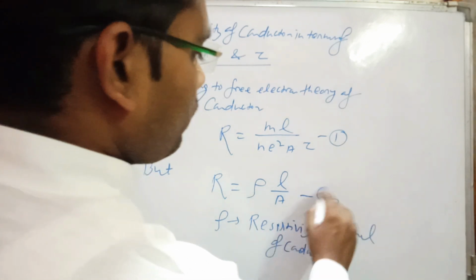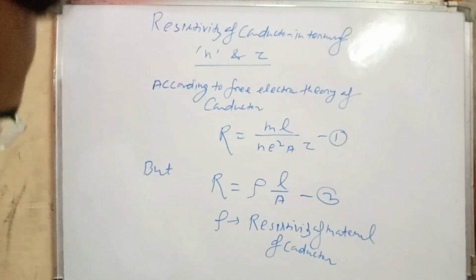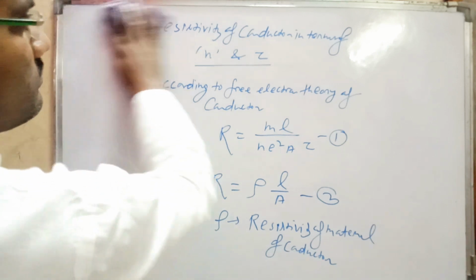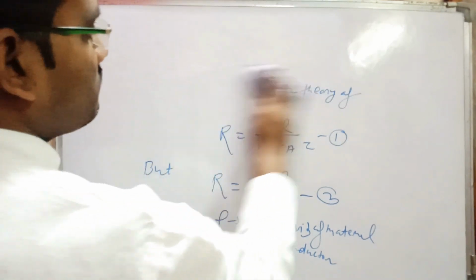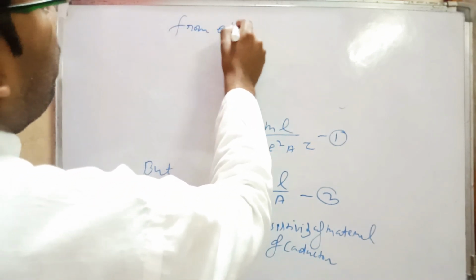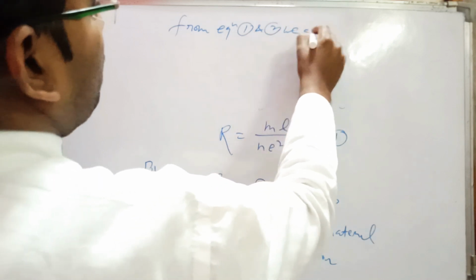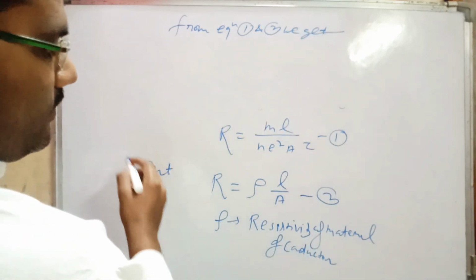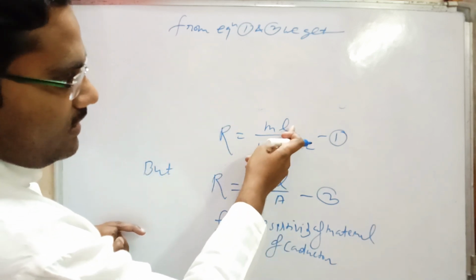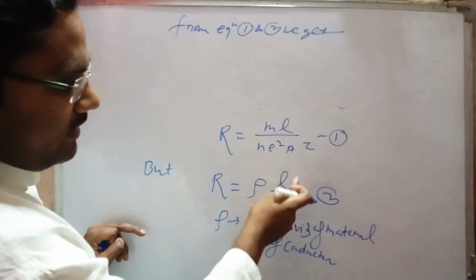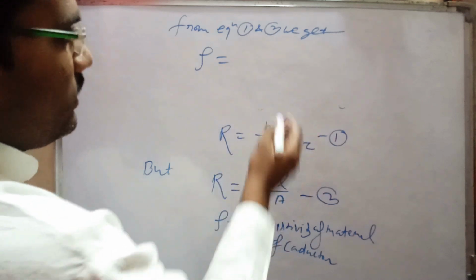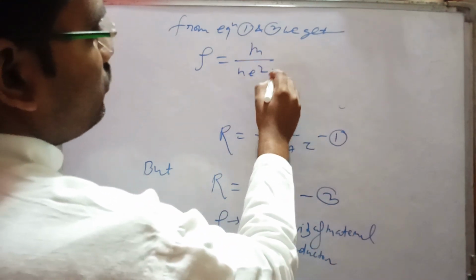So now equating equation 1 and 2, we get here, if we compare, then here L by A, here L by A. From equation 1 and 2, rho is equal to m upon n e square tau.